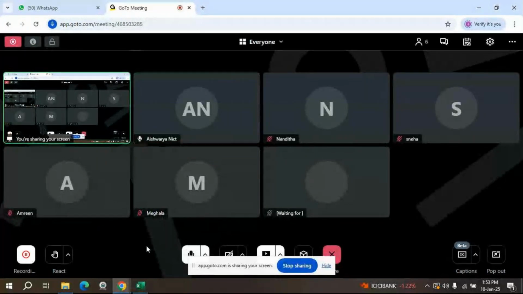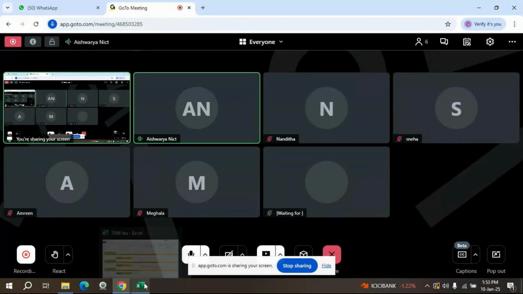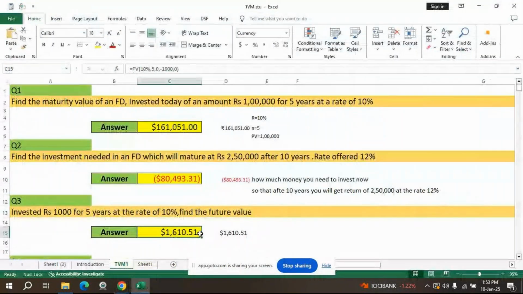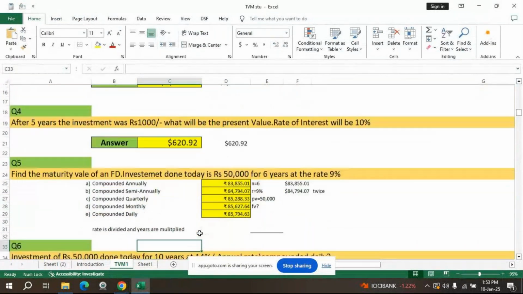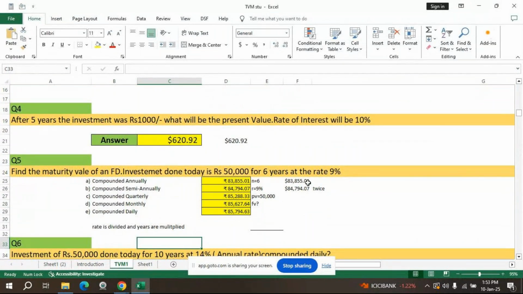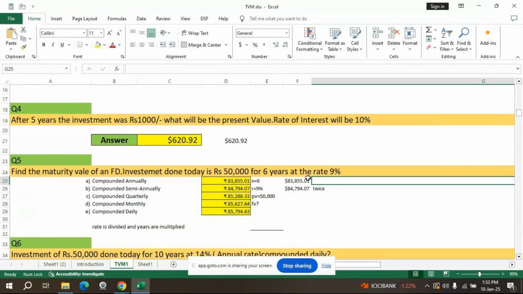So do you have any doubts on those? We will move on to the fifth question. The fifth one is a little bit tricky. Compounded annually means the interest is calculated per annum.